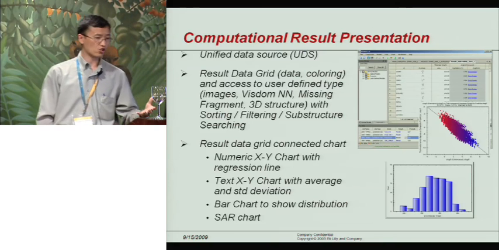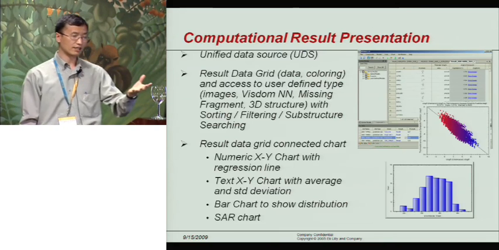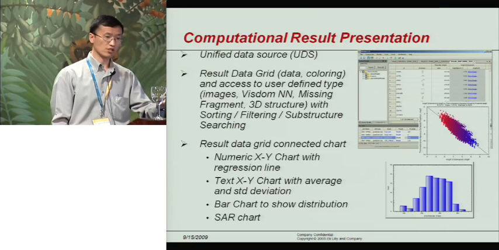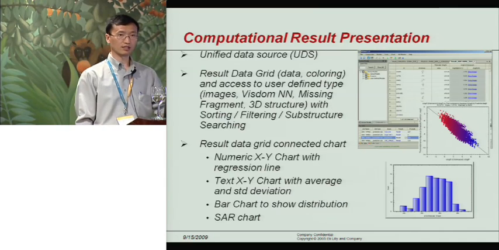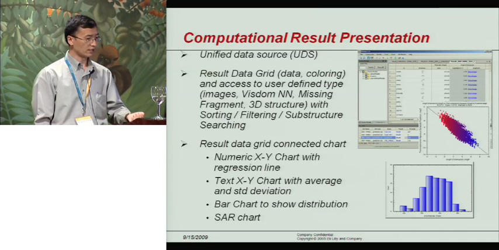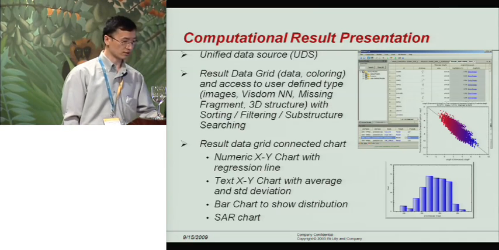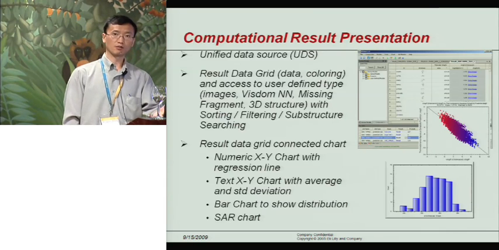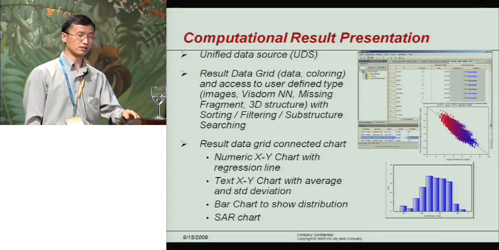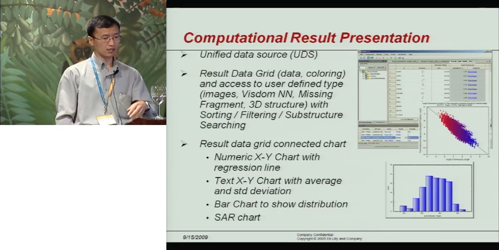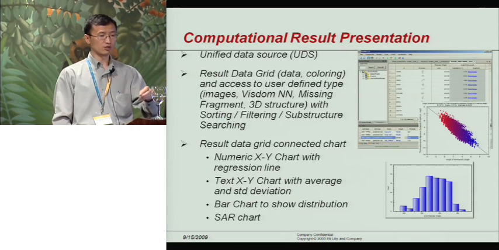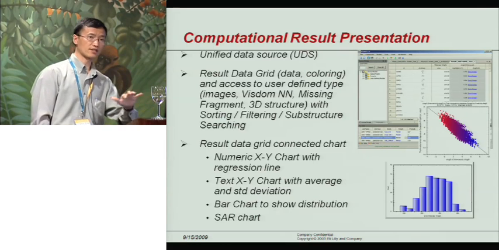And we also provide charts. You can right-click the grid and generate an XY chart with a regression line, and you can also create a text chart, bar chart, and SAR chart. This chart was developed on top of ZedGraph, which is basically open source. The good thing is that the chart and the data grid are synced.